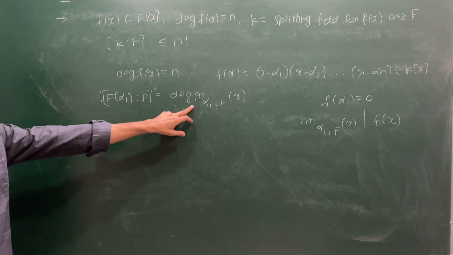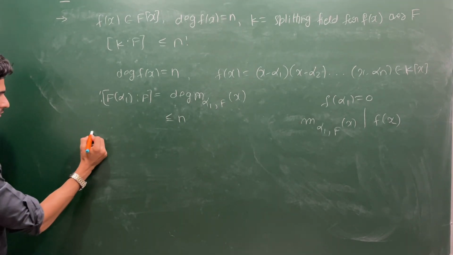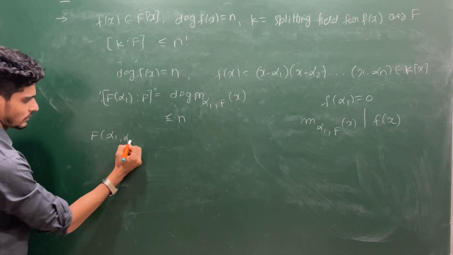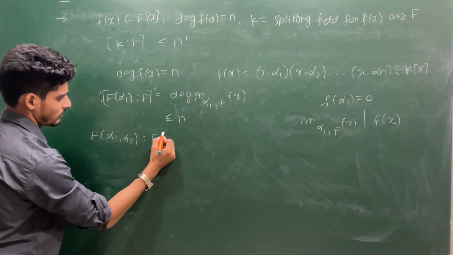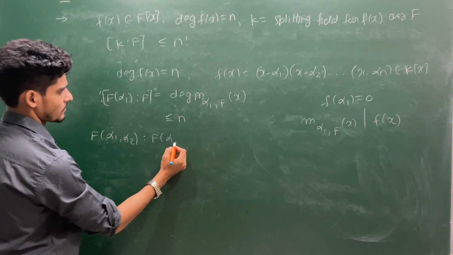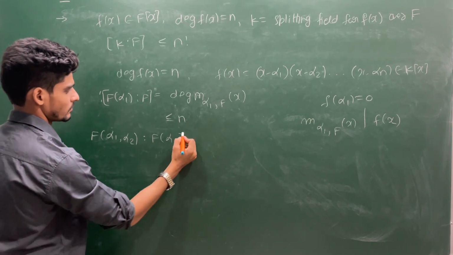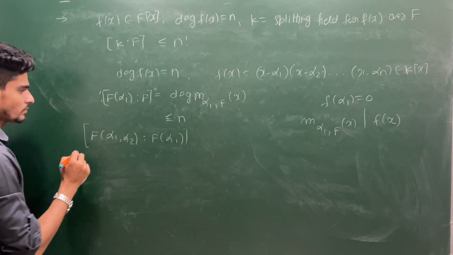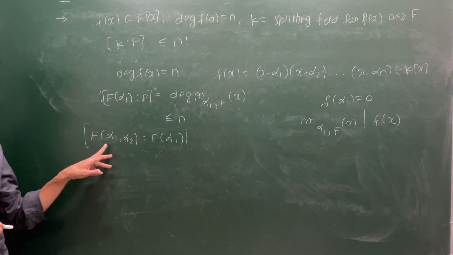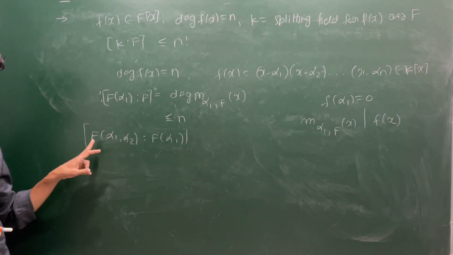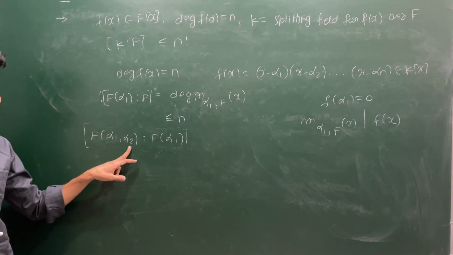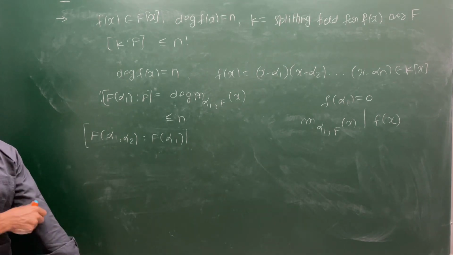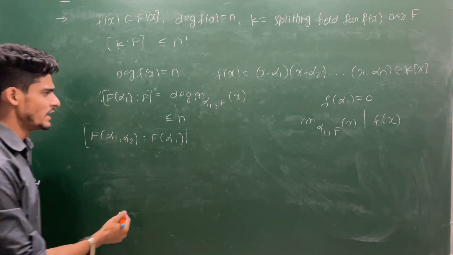Now once you have this one, you think of this one. What can you say about the degree of F(alpha 1, alpha 2) over F(alpha 1)? This you can think in this manner also.